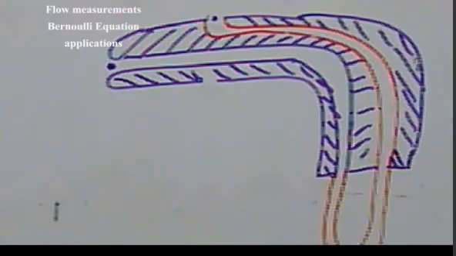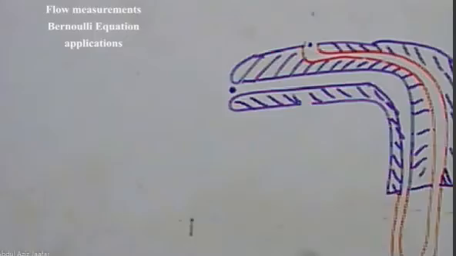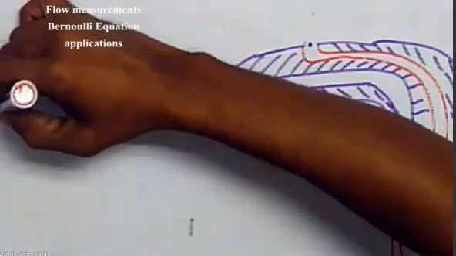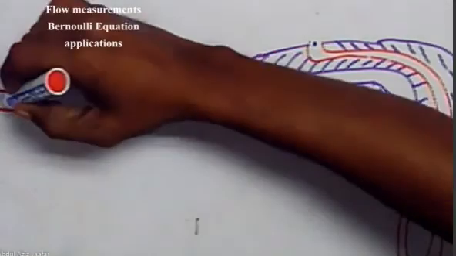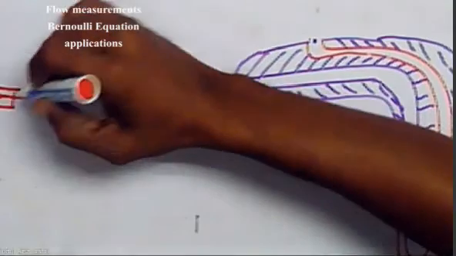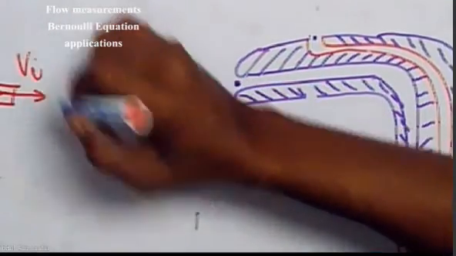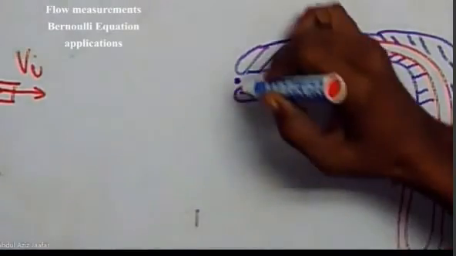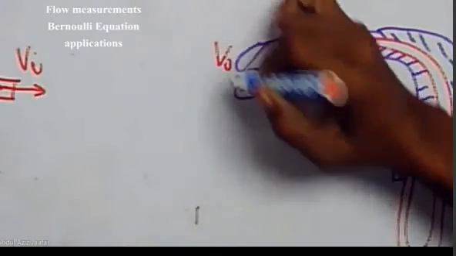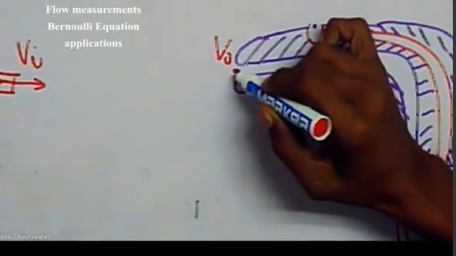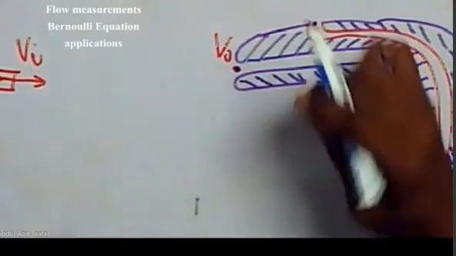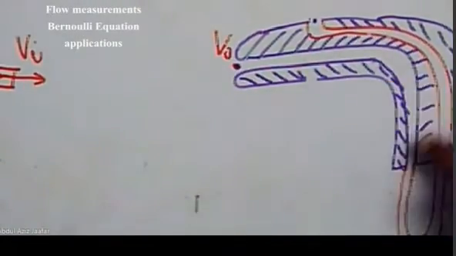We are measuring fluid at these two locations, right? So we have fluid that travels from this location with a velocity Vi, and this one is V outlet. Here the velocity is 0, because we have a closed system here.